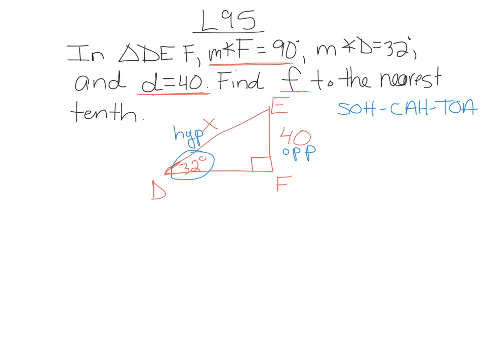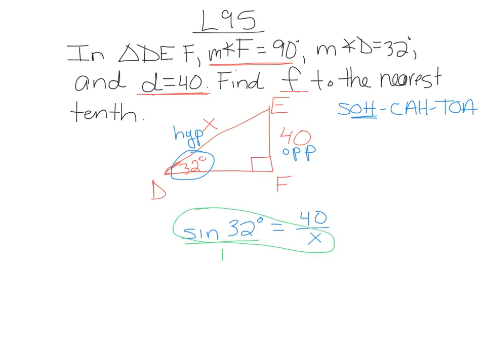So when I'm choosing what to use in SOHCAHTOA, I would have to use sine because I have opposite and hypotenuse. So setting this up, I have the sine of 32 equals the opposite side, which is 40, over x. From there, we can cross multiply. We'll make this a fraction. We could also multiply by x on both sides.